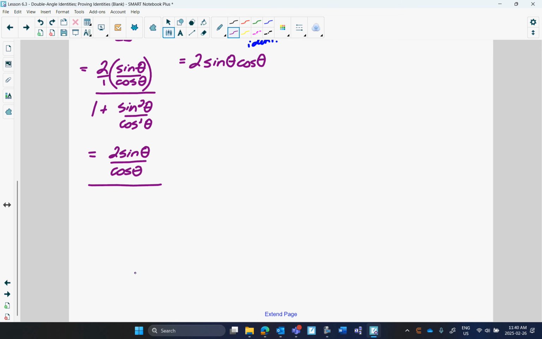Now the bottom. Well, I can combine these two into a single fraction. So remember, 1 is the same as 1 over 1. I gotta combine these two by making a lowest common denominator of cos squared. What's the lowest common denominator of 1 and cos squared? 1 times cos squared, which is just cos squared.